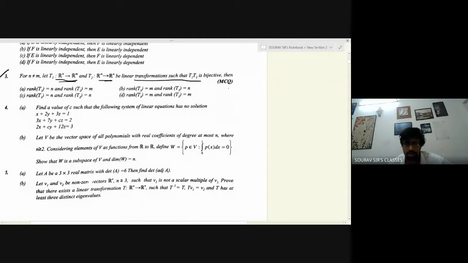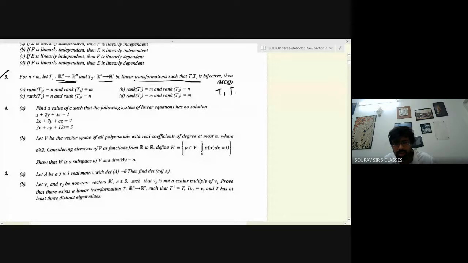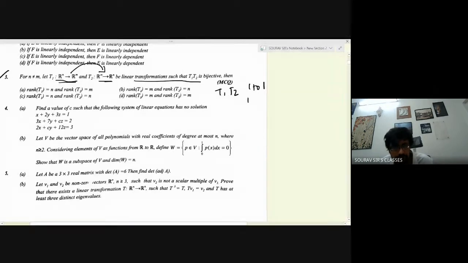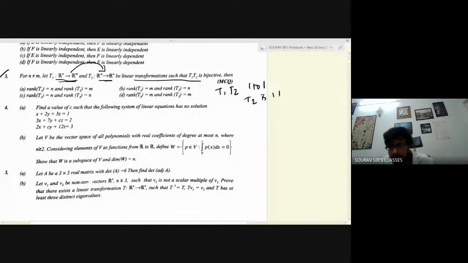So normal formation, if we take T1, T2, isn't it 1 to 1? This is n dimension to n dimension, so it has to form a 1 to 1. And hence, T1 is there, so T2 is also 1 to 1.